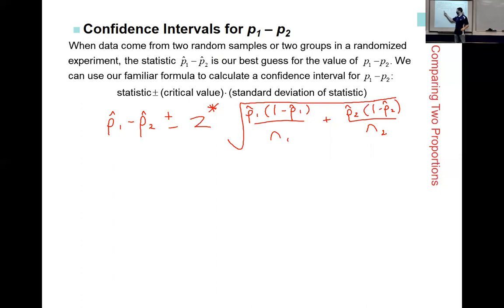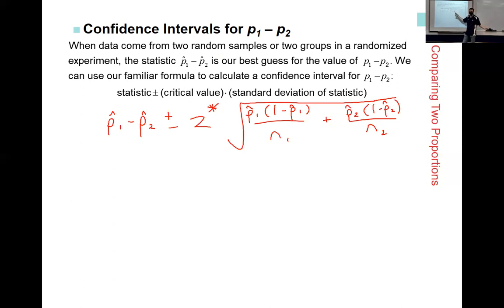There's my statistic, there's my estimate, plus or minus my critical value, which is my z-score, times the standard error formula. Well, the standard error formula is this. A couple details. Remember that with confidence intervals, we're using our sample the whole time, right? There's no null hypothesis.